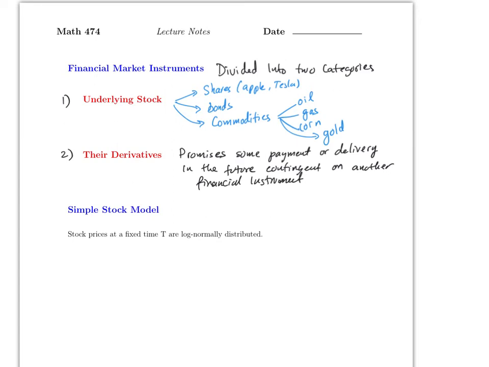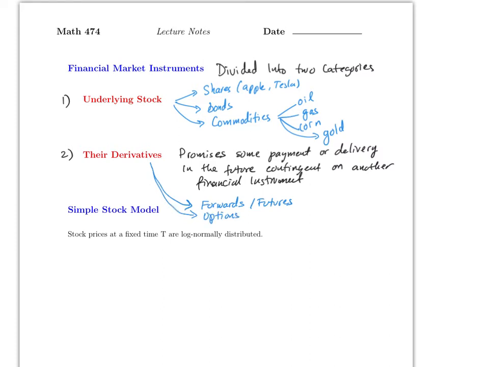Now, there are a few derivatives we're going to see in the class. The first we're going to see in this chapter are called forwards, and then futures, and then we're going to have options, which most of the class is going to be based on.